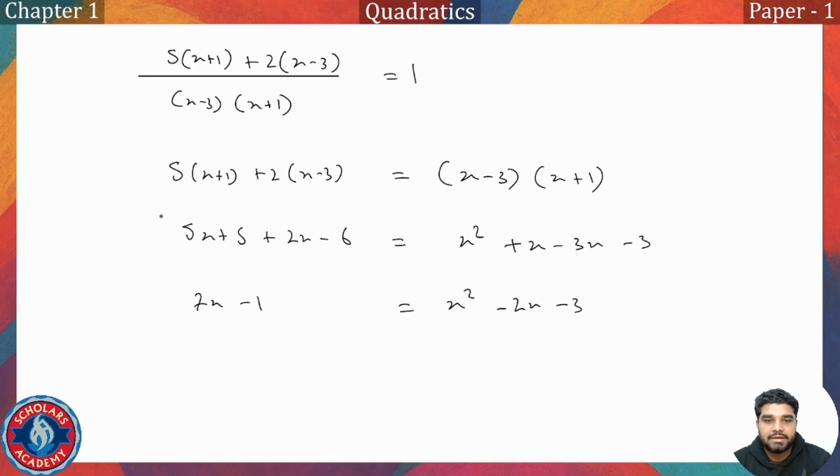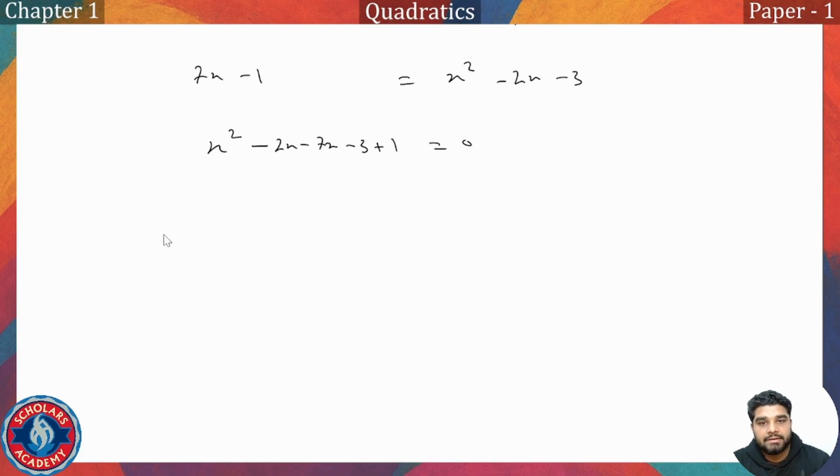We'll bring everything to one side, so that gives us x square minus 2x minus 7x minus 3 plus 1 is equal to 0. So we get x square minus 9x minus 2 is equal to 0.